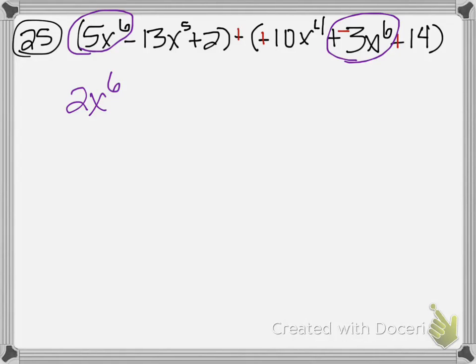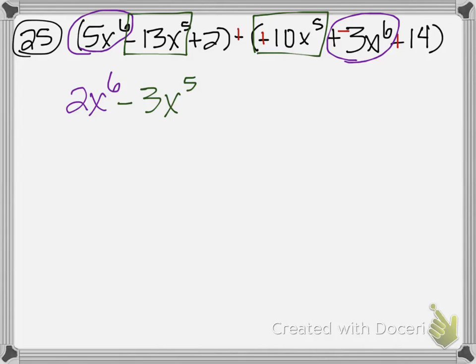X to the 5th. Oh, did I write it down wrong? Yeah, I did write it down wrong. I put a 4 here, and that should be a 5. Okay, so I've got a 10x to the fifth, and I have a minus 13x to the fifth, which leaves me negative 3x to the fifth.